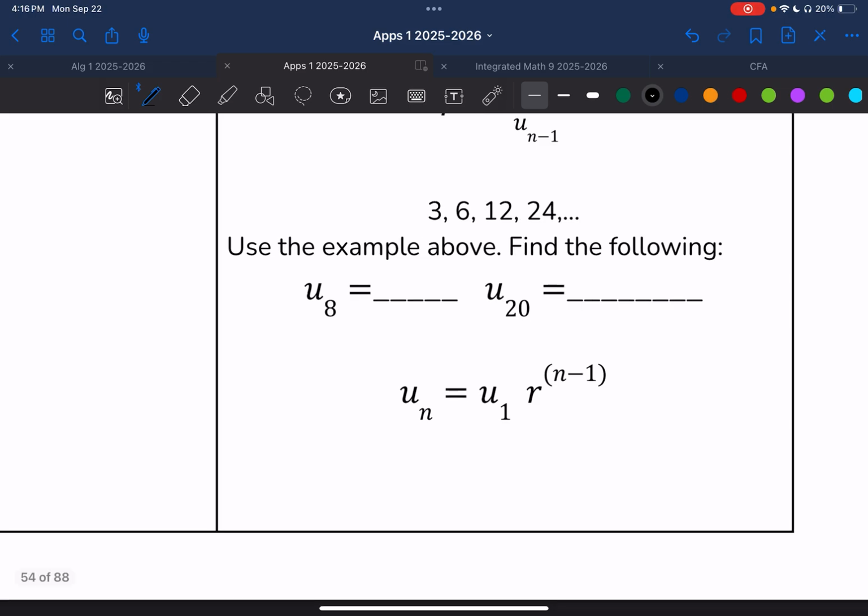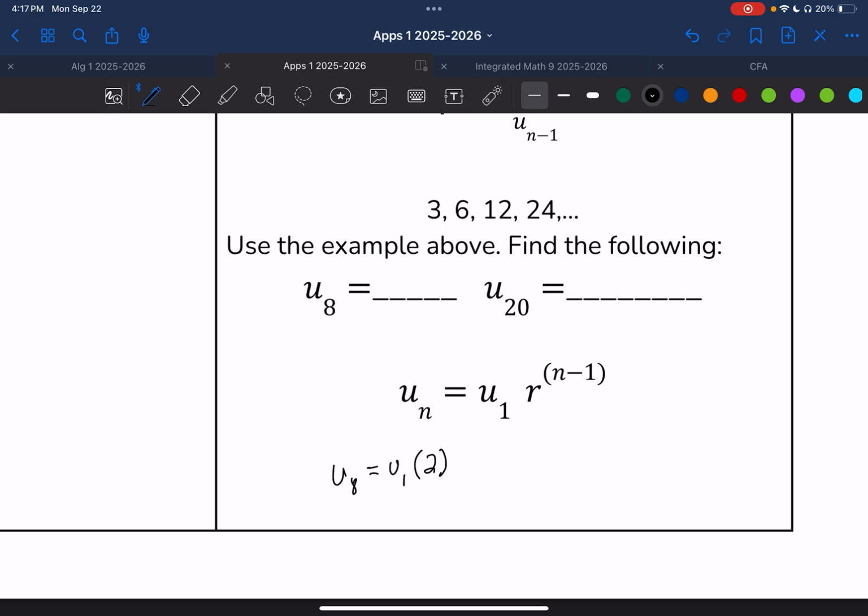So U8, that's going to be equal to U1 times our R, which is 2, to the 8 minus 1. Remember, U1 here is 3. So that's going to be 2 to the 7th multiplied by 3. It's going to be 384.